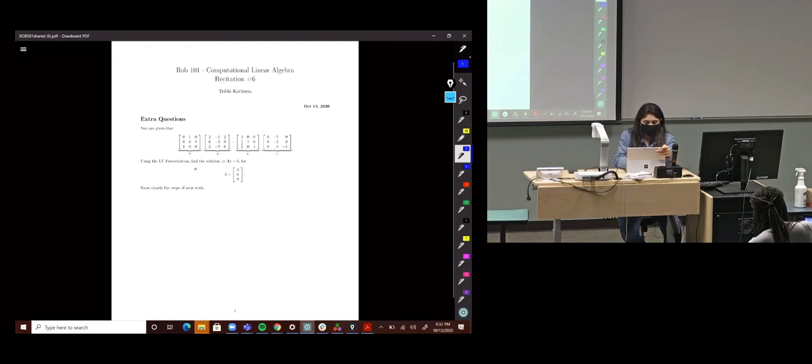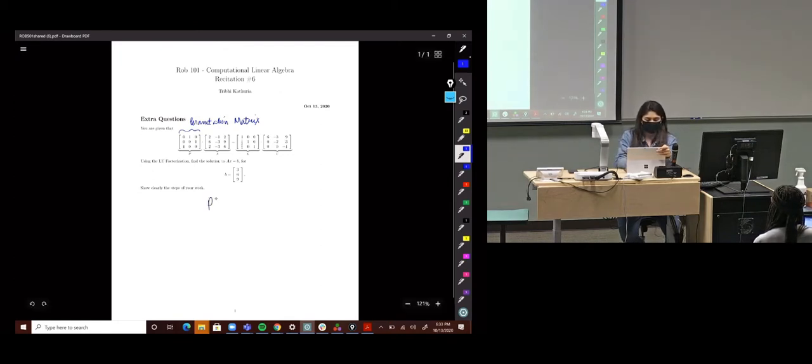So the P matrix is called a permutation matrix, and it permutes the different rows of whichever matrix you multiply it with.